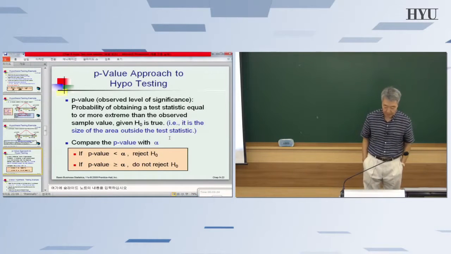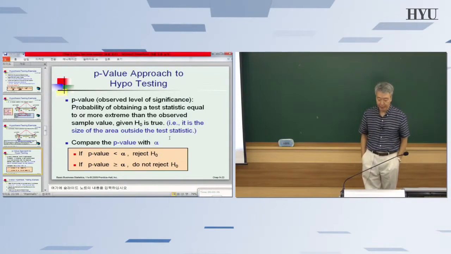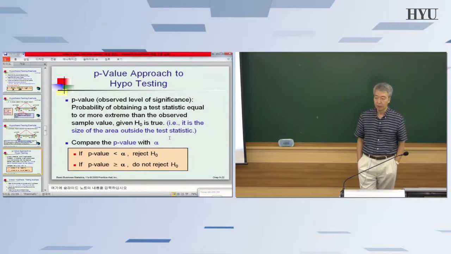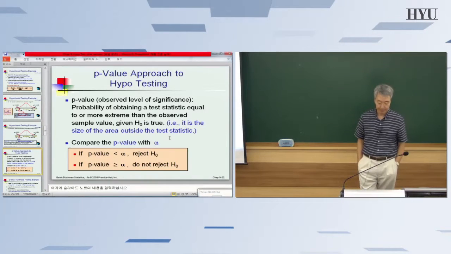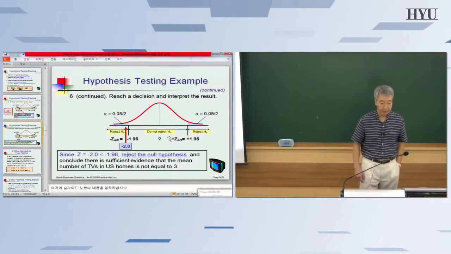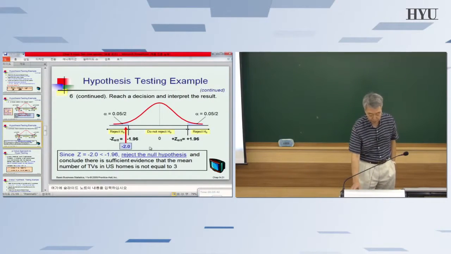Today, I'm going to introduce another, slightly different way to make a conclusion in hypothesis testing. It's called the p-value approach. The previous approach is called the critical value approach because we used the critical values to separate the rejection region and non-rejection region.